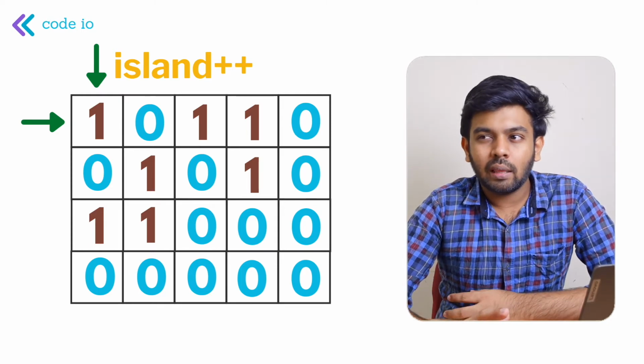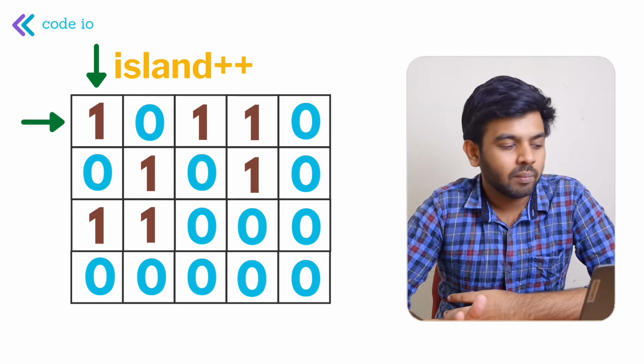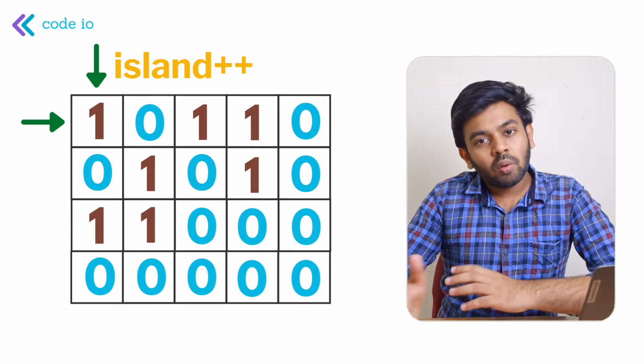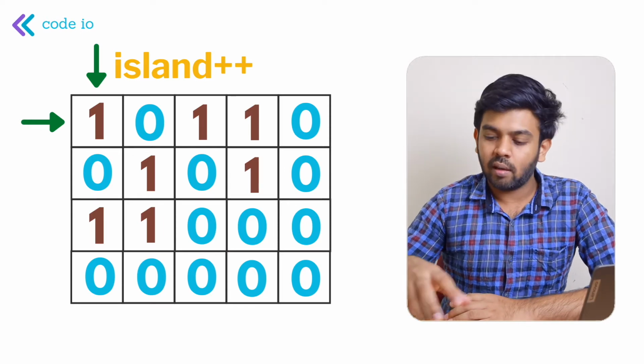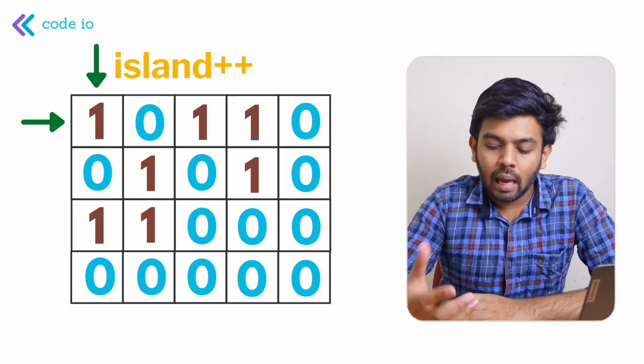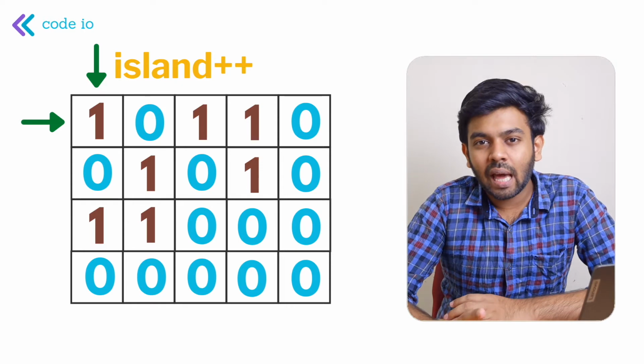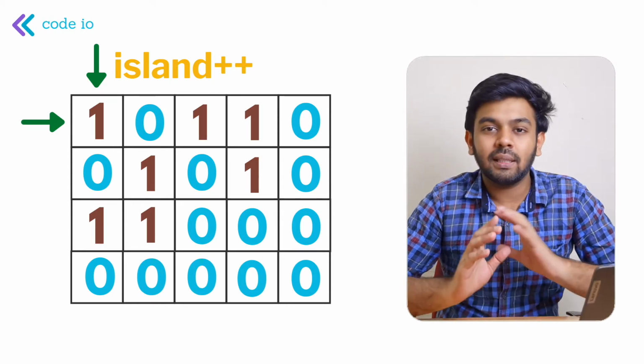Okay, so I think I'm making sense here, or I'll just repeat that. We are going to traverse the matrix character by character, that is row wise, with the help of a nested loop, and we are going to see if a particular character in that matrix is 1. That means it is a land area.